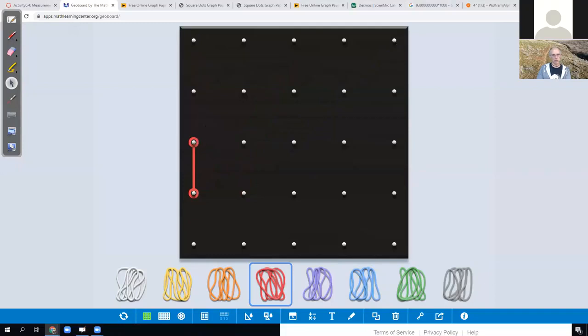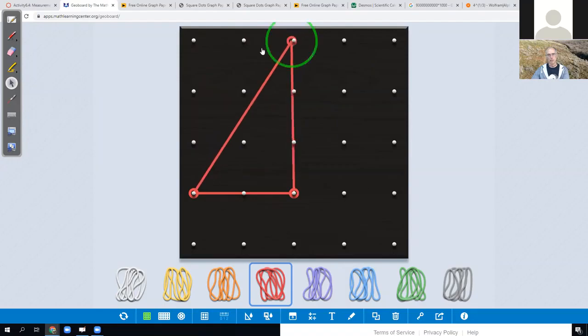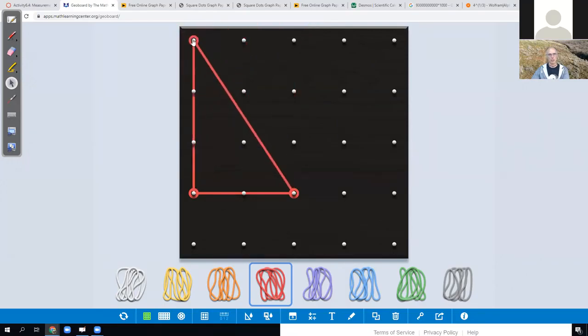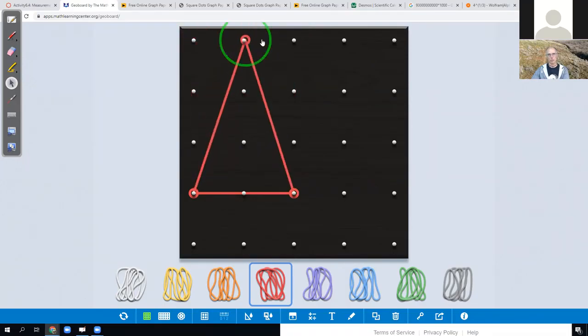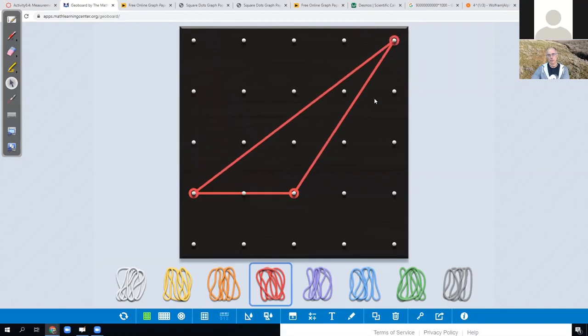So the easiest one would be that one. That would be another one. This is really the same mirror image of the first one. It's really not different. So 1, 2, 3. So those could be your 3 different triangles that you make, but there are other options out there.